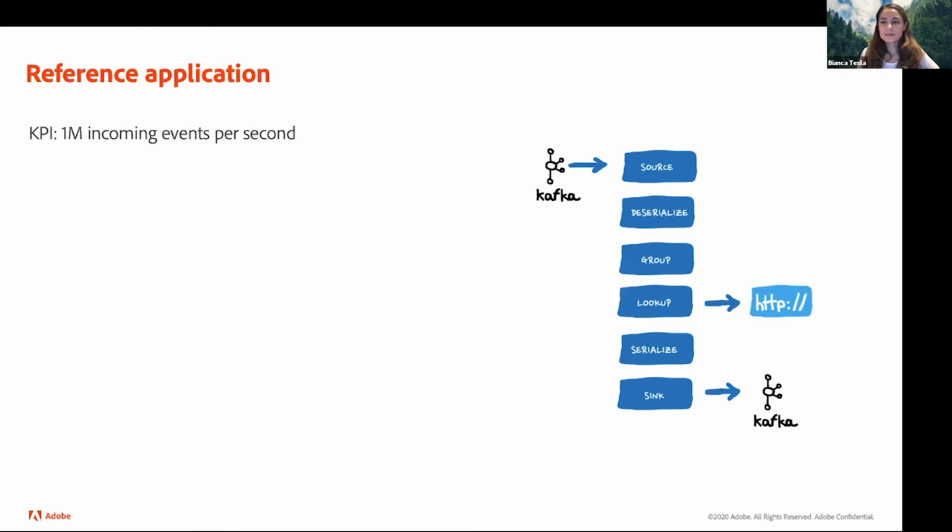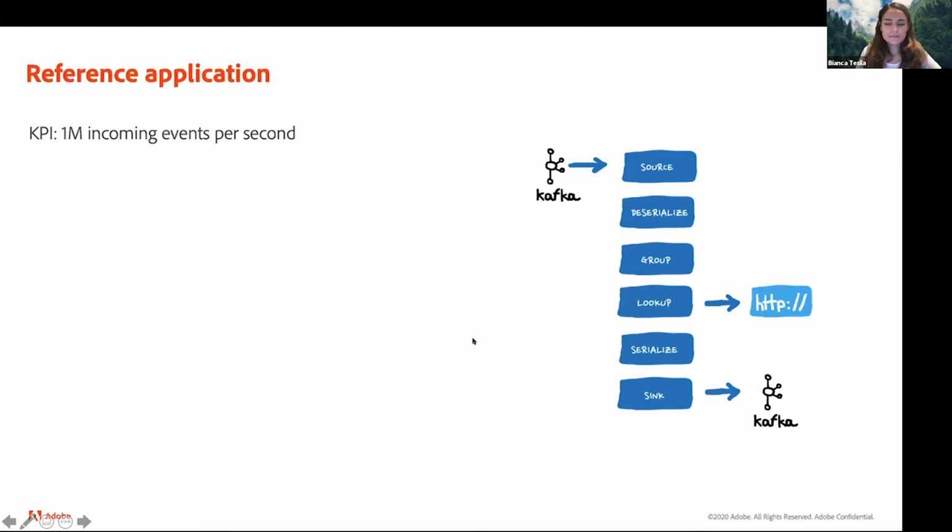And we started with the same simple application, but adding some required lookup mechanism in order to fetch some data from an external endpoint and enrich those events. And our KPI was still the one that I mentioned before, 1 million incoming events per second.